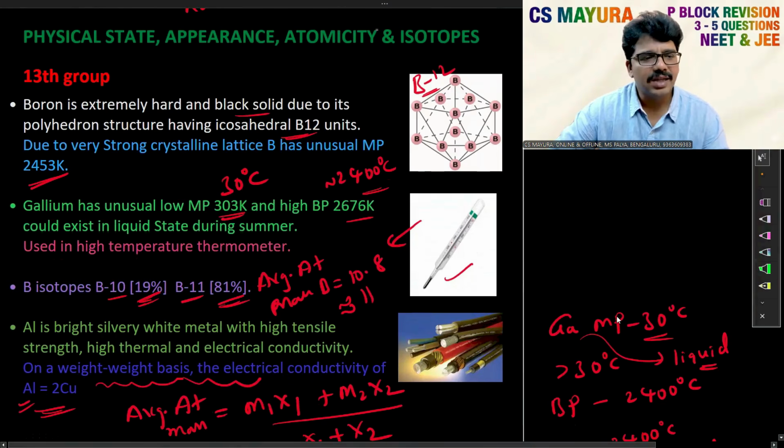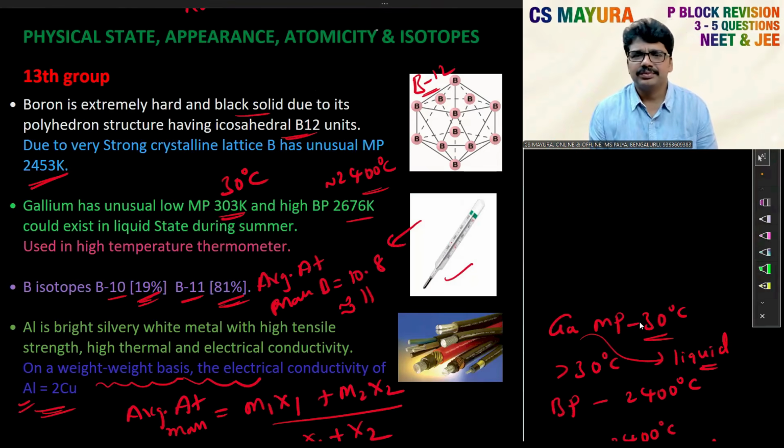First, 13th group. The first element is boron. Boron is a very hard black solid. What is the reason for its hardness? Boron has an icosahedral structure, B12 units, meaning 12 boron atoms bonded with strong covalent bonds.